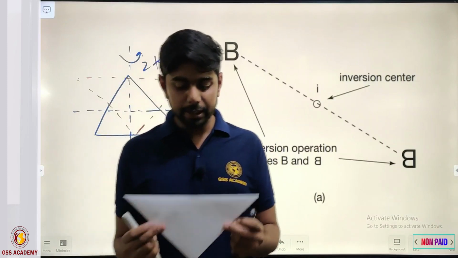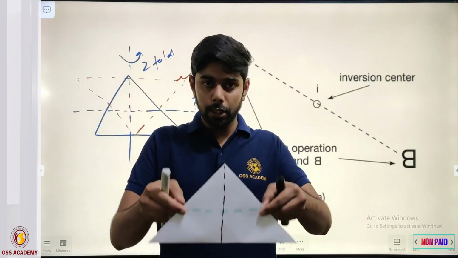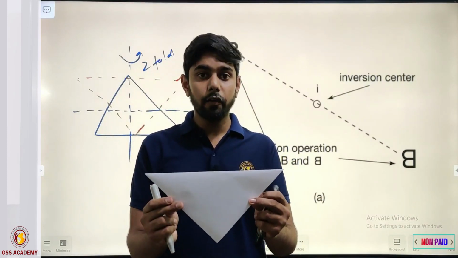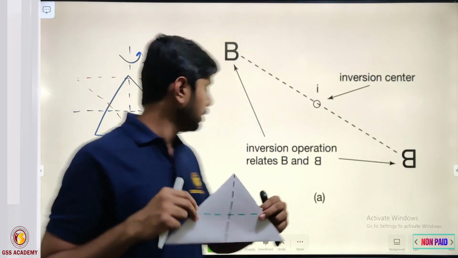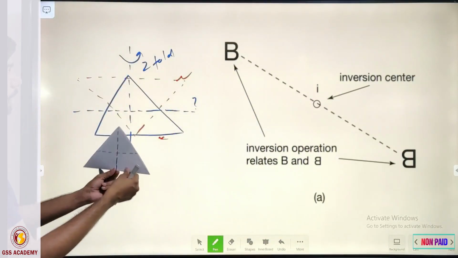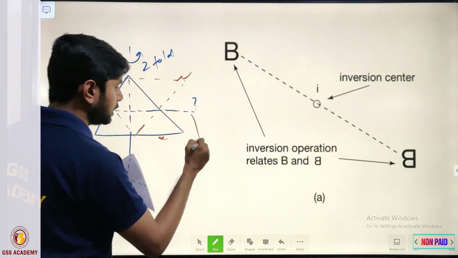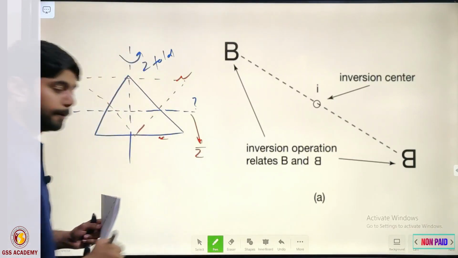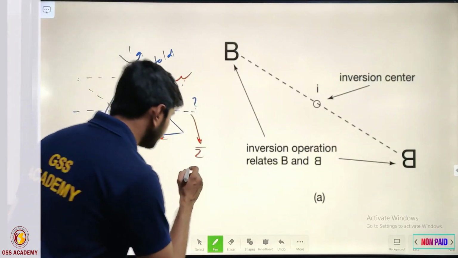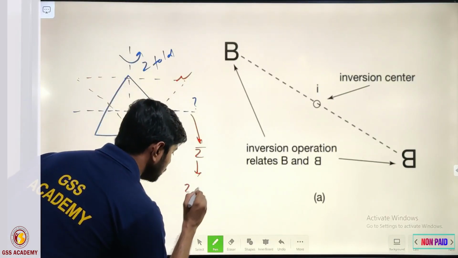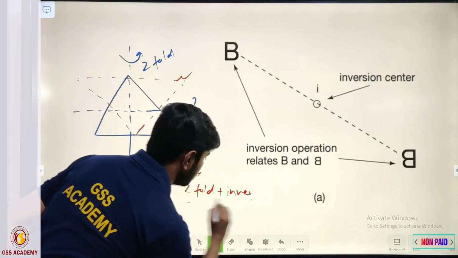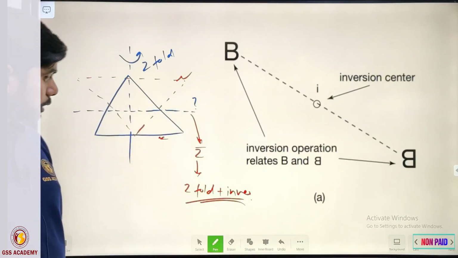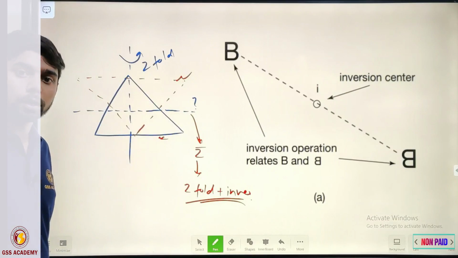So after completing this operation, we rotate the crystal through 180 degrees, and then we invert it. After inversion, we get the same face as the earlier one. Then this will be considered as 2 bar, which is a two-fold roto-inversion axis. It means two-fold plus inversion. So this is the meaning of two-fold roto-inversion.